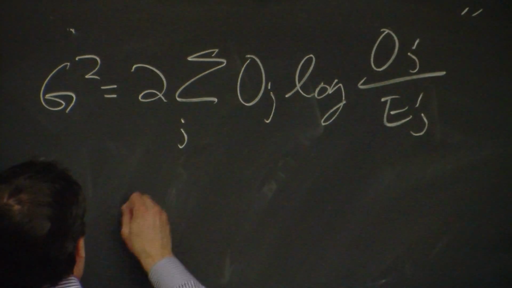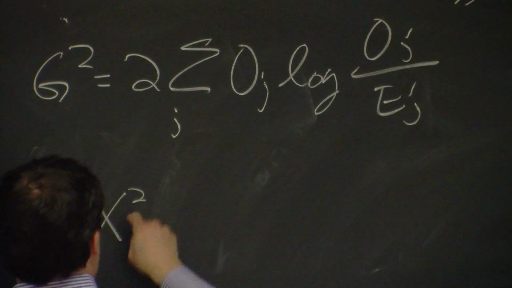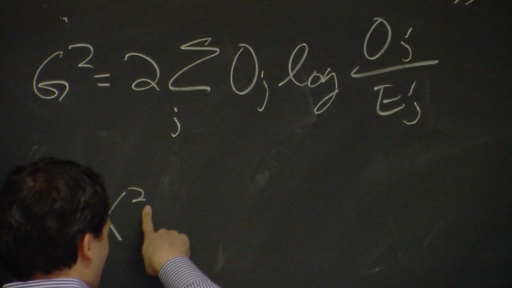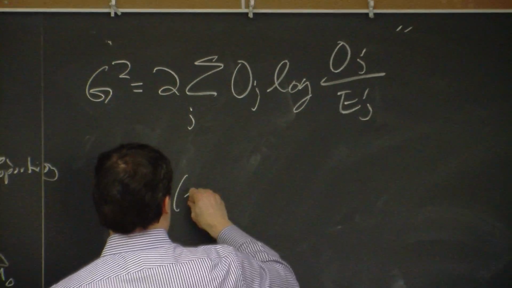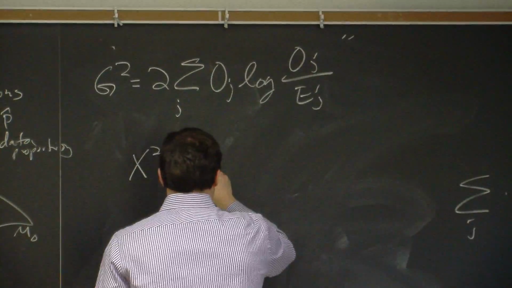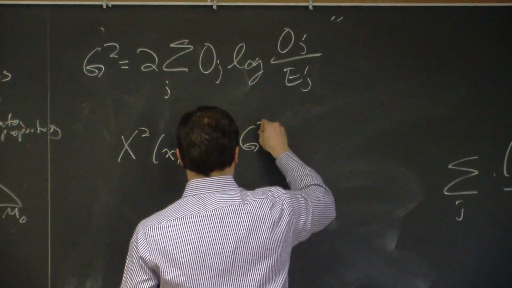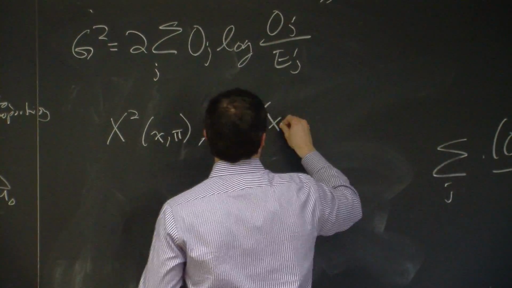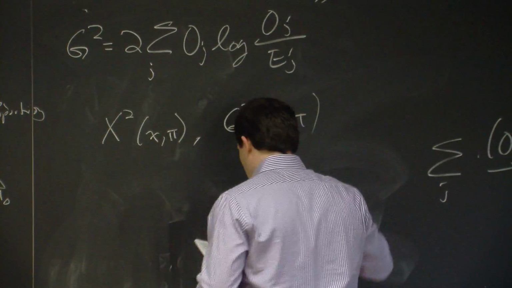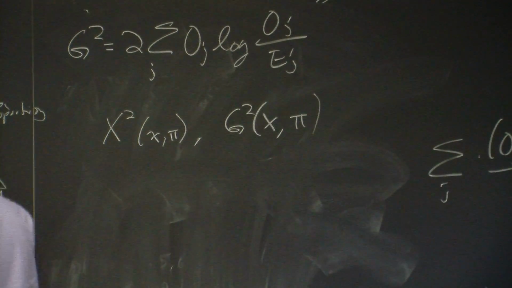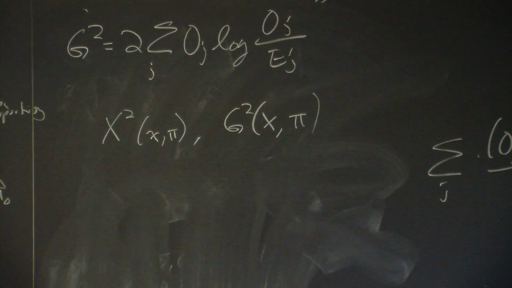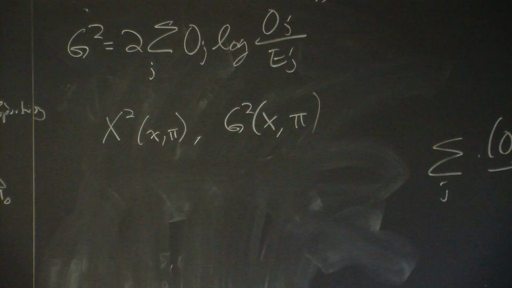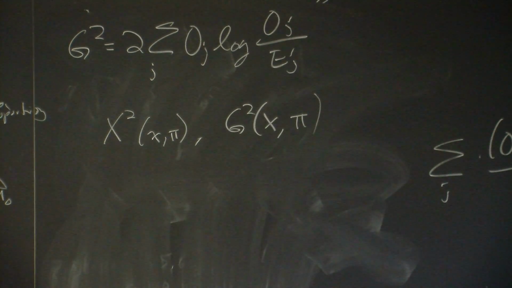Okay, so these are both functions. This first, the Pearson one, is sometimes written X squared or chi-squared of x and the vector of probabilities, and G squared is also a function of the outcomes and the probabilities. Okay, so these things measure how closely the model fits the data.